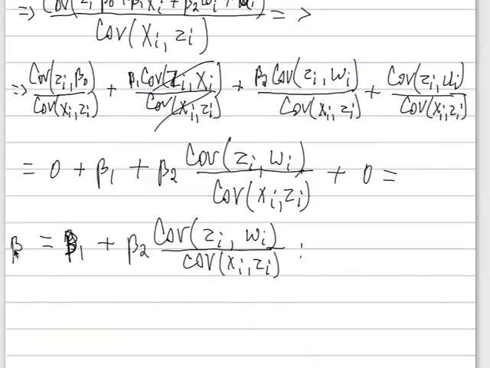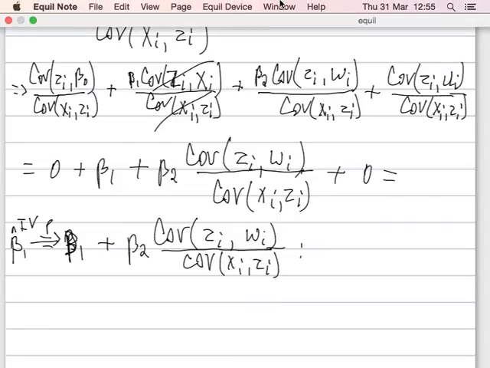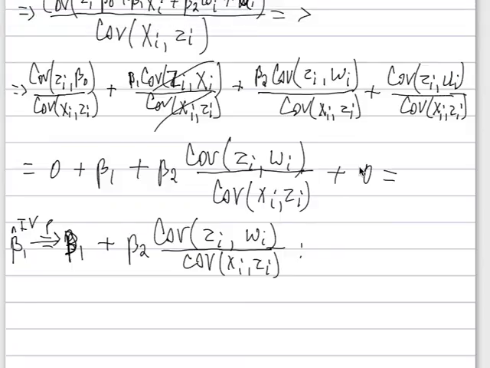So basically this is the beta 1 hat IV estimator, and it will approach in probability this value. As we can see, if the covariance between Z and W is not 0, this estimator is inconsistent. No matter how large the sample is, the estimator will still have this amount of bias.